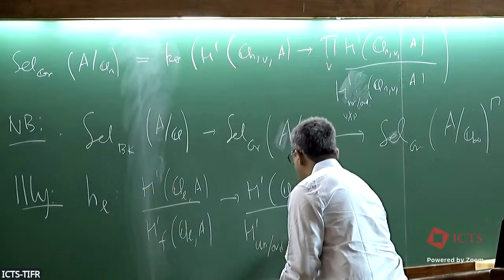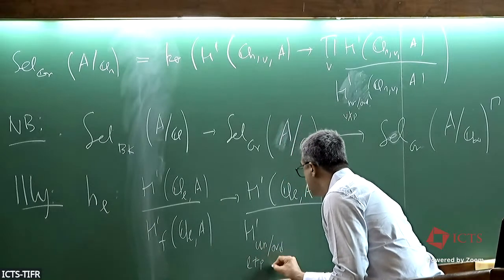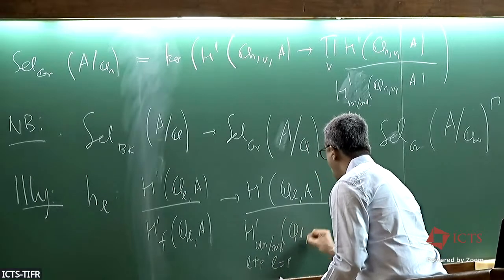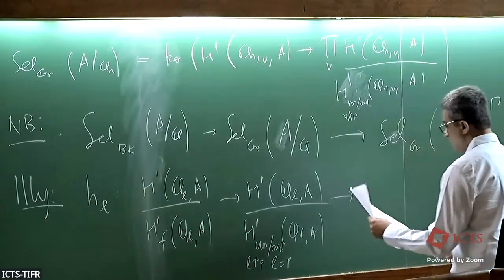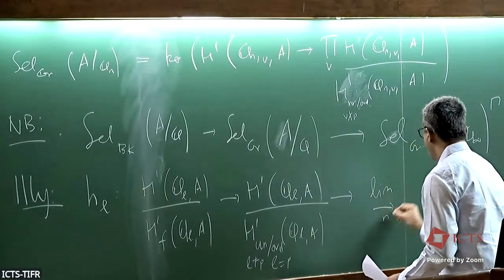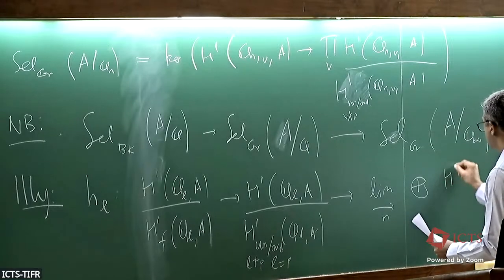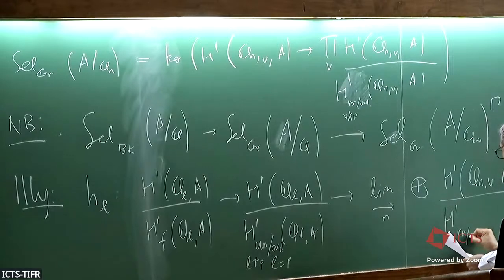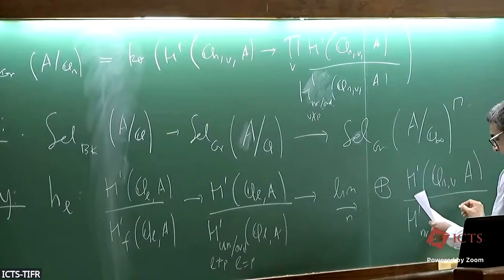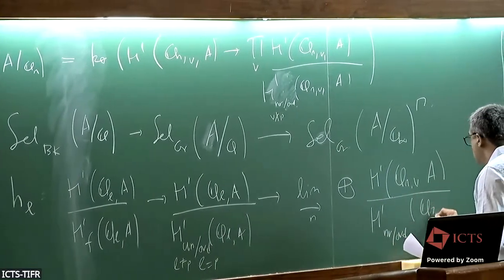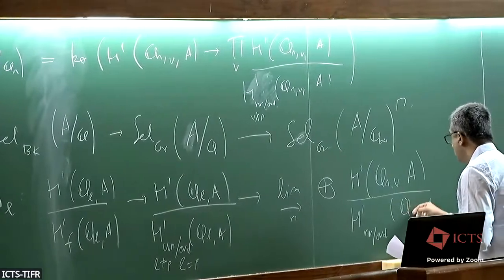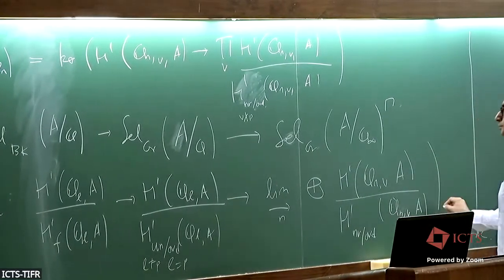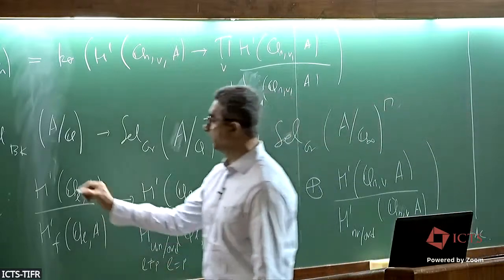Ramified or not, depending on whether l is not p or l is equal to p. And then back to v because n is arbitrary here. So h_l is this whole map.